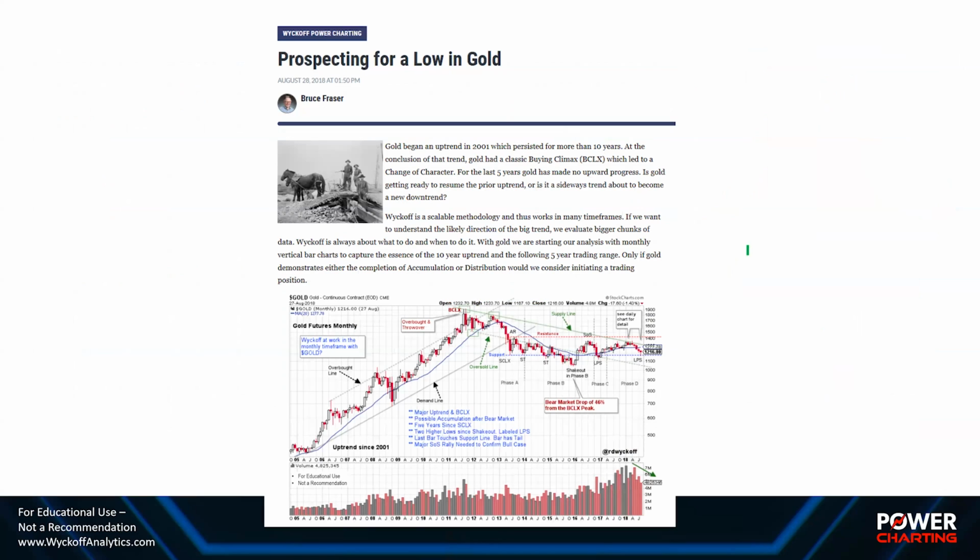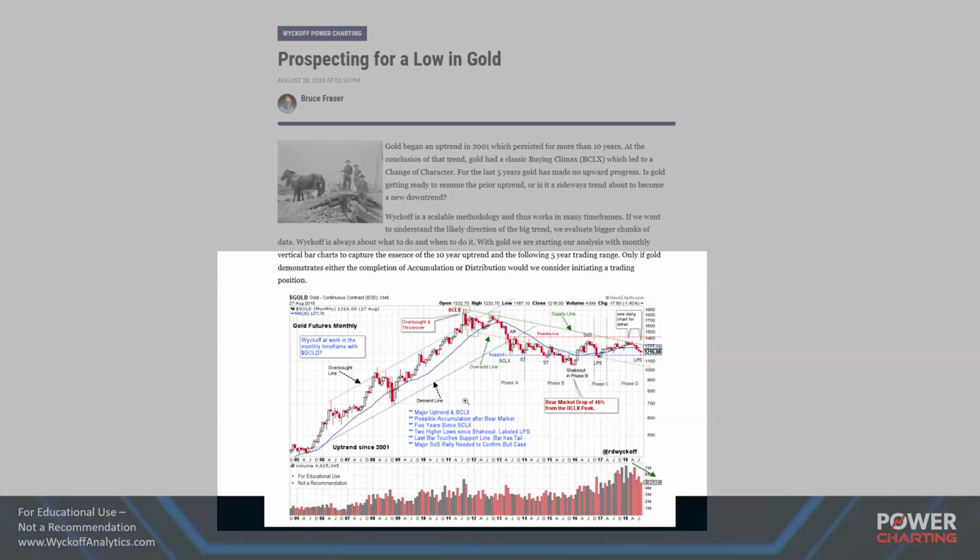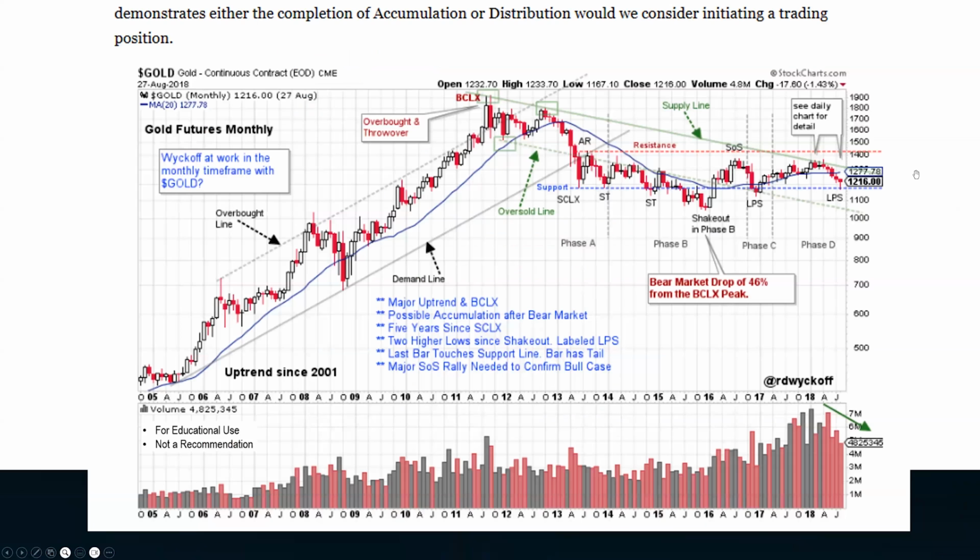Okay, moving on. A blog that I wrote back in August 2018. I want you to go check it out in the archives. This was Prospecting for a Low in Gold. I'm just going to zoom in here. You can read the article as you have time. But this was monthly bars of the gold continuous futures contract, which I had back to late 2004.